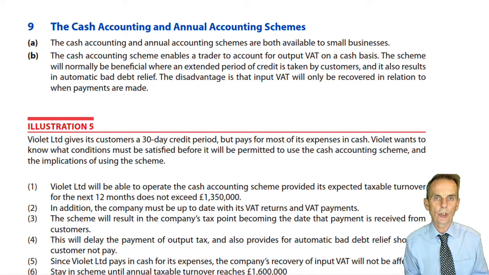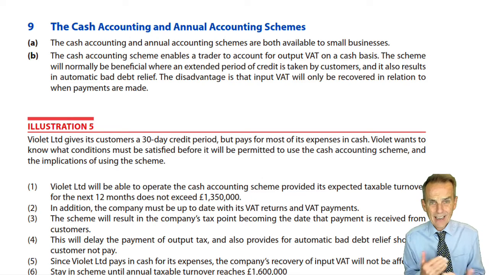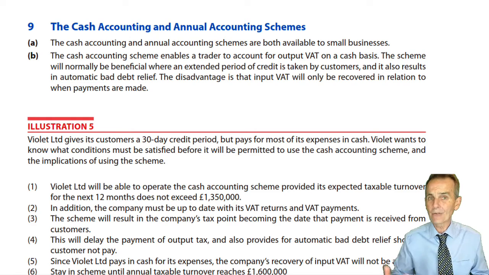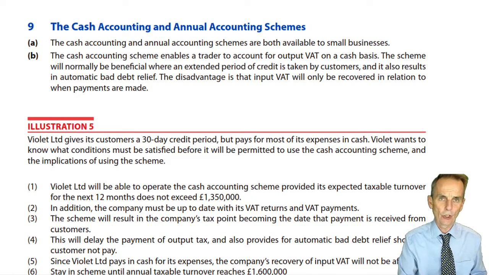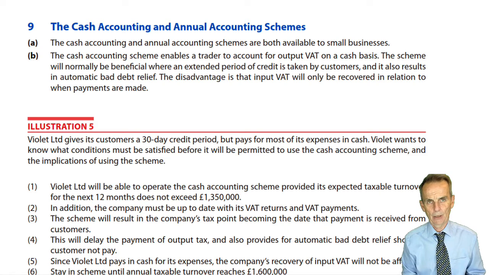Equally in relation to bad debts, when we looked at that as an issue, impairment debts there, we knew that we may have to wait a significant time before having to account for output VAT on the sale, but the money isn't just late coming in, it never comes in. But we have to wait for at least 6 months before we're able to get that money back in relation to the output VAT that we've paid over.